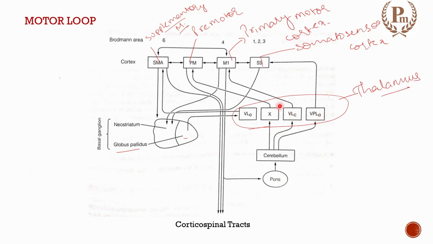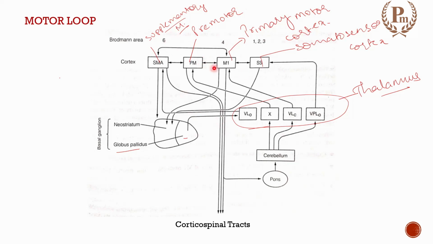Since it is a loop, everything is connected with each other. If you look at the Brodmann areas, here we see 4. The primary motor cortex is also called Brodmann area number 4, whereas your premotor and supplementary motor areas are called area number 6.